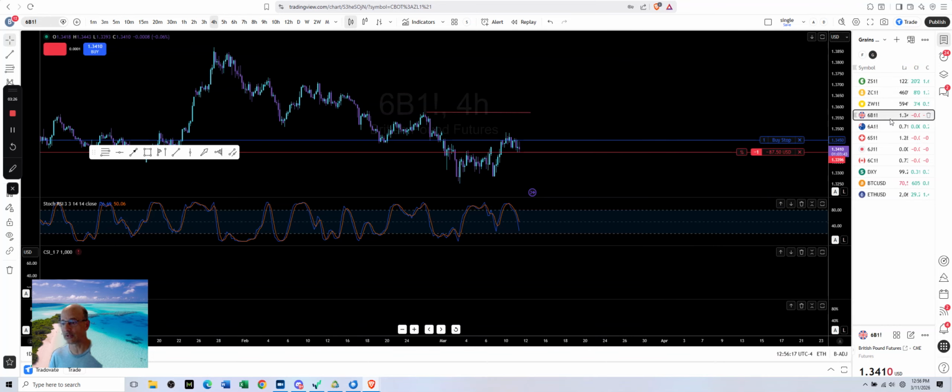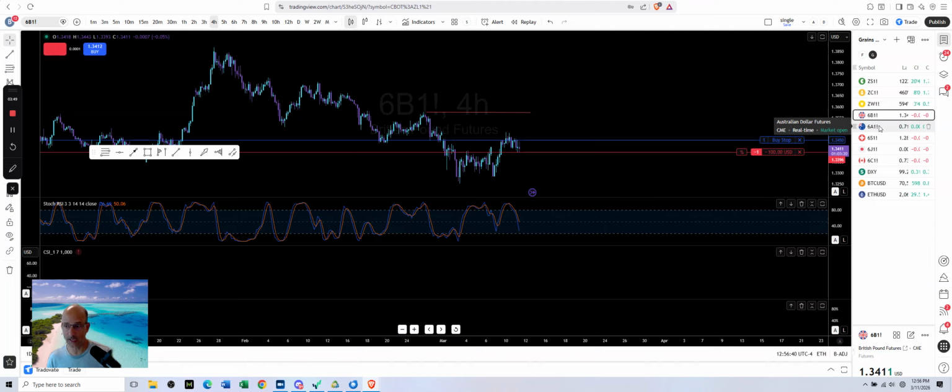What I was getting at is if there is a short on the British pound futures, let's say, then that short also will be on the pound USD forex pair. If there's a long, vice versa, then there'll be a long on the pound USD. It's the same thing with the Australian dollar. That's 6A.